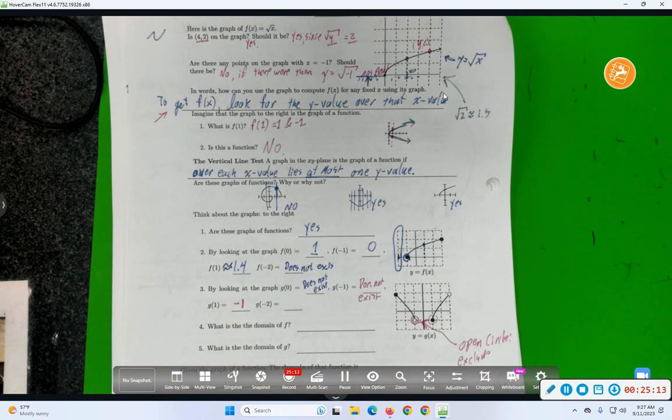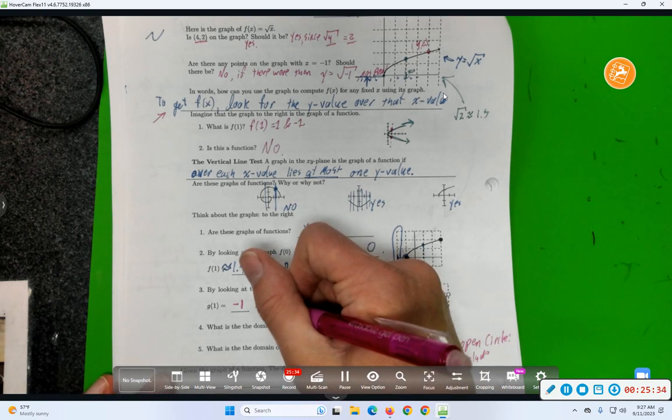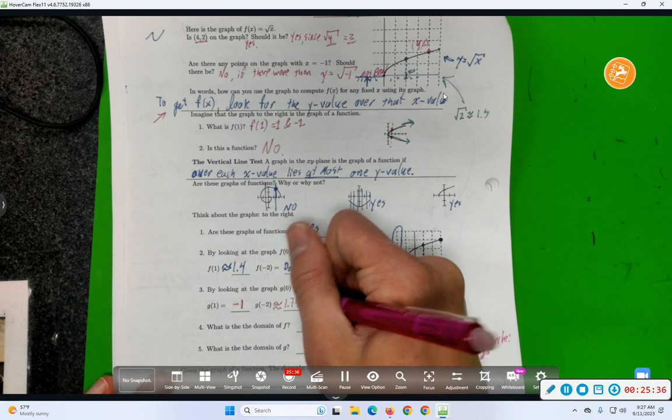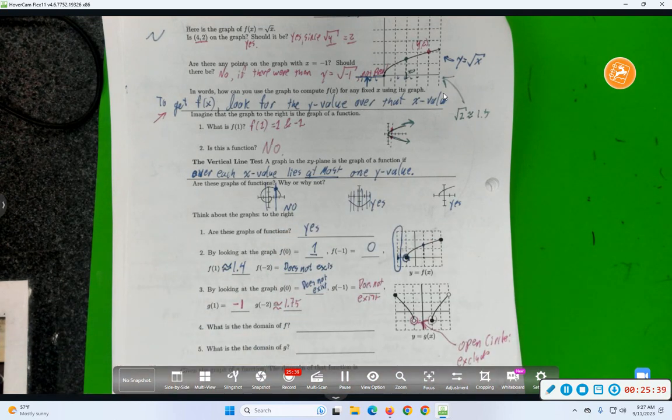Whenever you see a graph with an endpoint that is neither shaded nor open dotted, there's just a failure of communication. It's not clear whether that point should be included or excluded. You should decorate the endpoint somehow. G of negative 2. 1.75-ish.